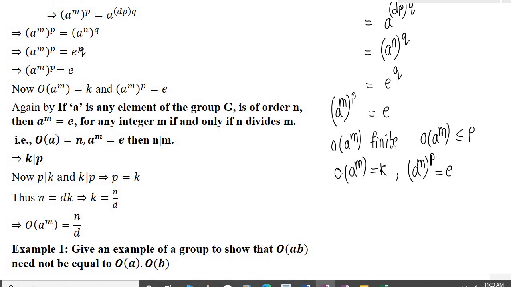Already at the starting only we have taken order of A power m is k. Now we arrived at the step A power m whole power P equal to E. Again, by using the same theorem, n divides m theorem, n is the order. Here order is k, k divides power, that is P. Already we know that P divides k. Now k divides P. This is possible only if P equal to k.